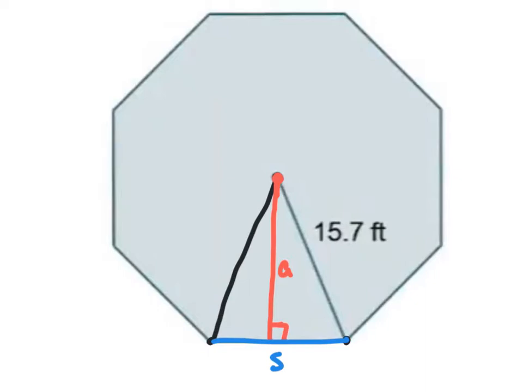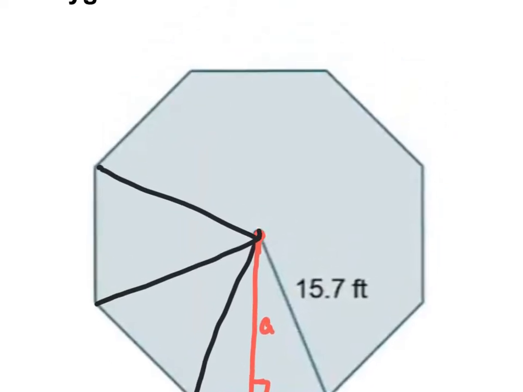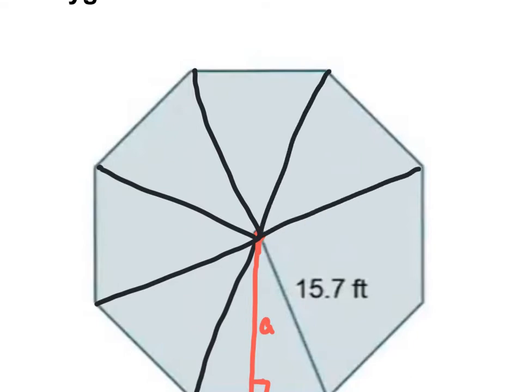So let's do that. The other thing I know is I could figure out what this angle measure is. I'm going to draw all these different radii, and I know that all of these angles are going to be congruent.